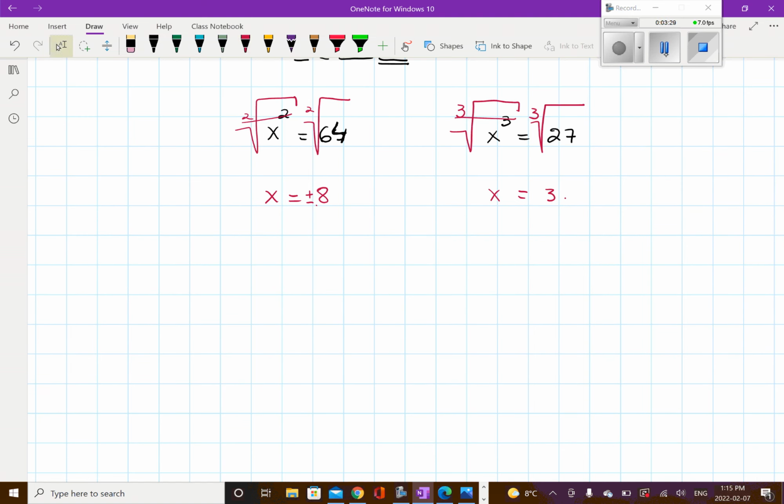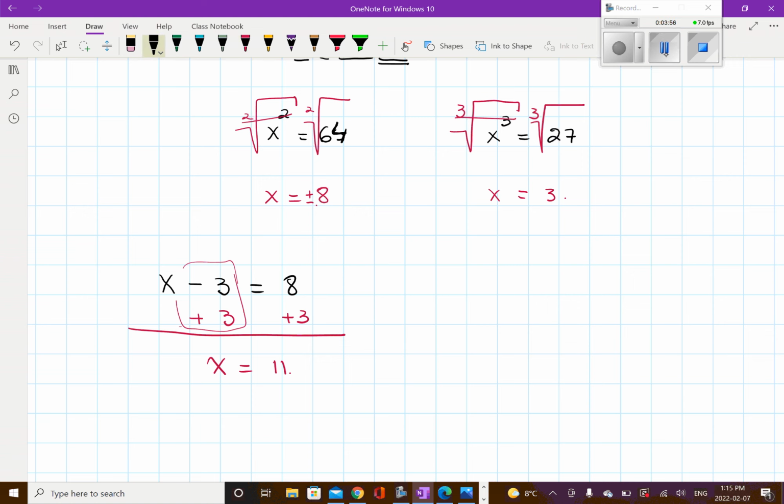Or if we have something like x minus 3 is equal to 8, then to cancel the negative 3, you will add 3 in both sides. So x will be equal to 11, because the opposite operation of subtracting is adding.